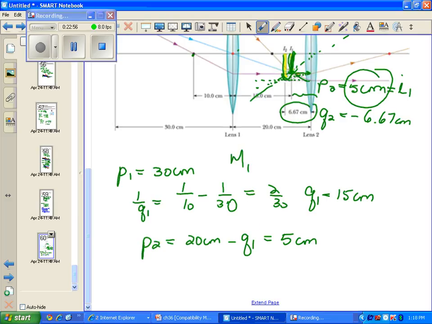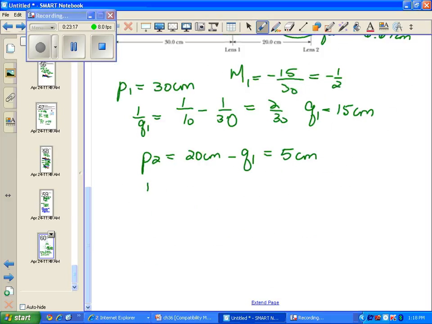Let's go ahead and obtain M1. M1 is minus Q1, minus 15, divided by P1, 30, and this gives us minus a half, which means we're inverted and reduced from the original object. Well, let's see if we can obtain Q2. 1 over Q2 is 1 over F2, 1 over 20, minus 1 over P2, which is 5 centimeters.